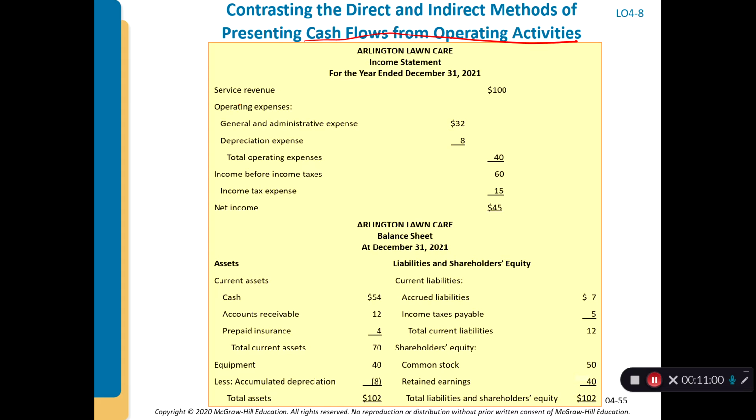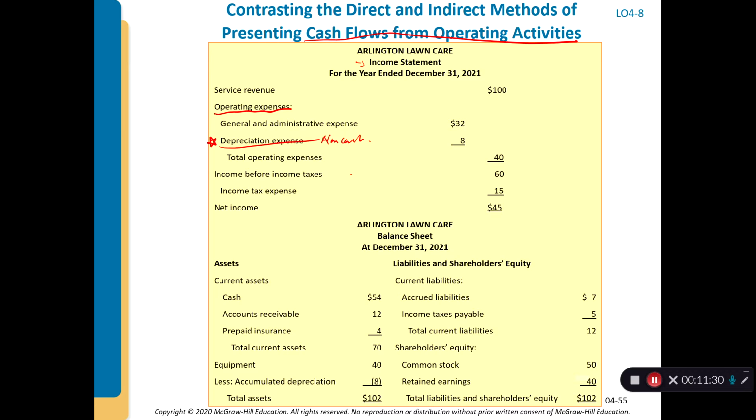For example, this is a direct method. Look at the operating expenses, and then at this depreciation expense, which is non-cash related. This is the income statement, and from it we find there are 4 components.